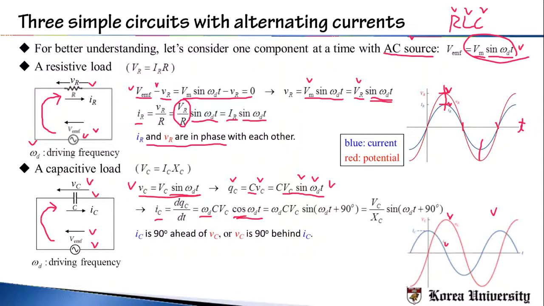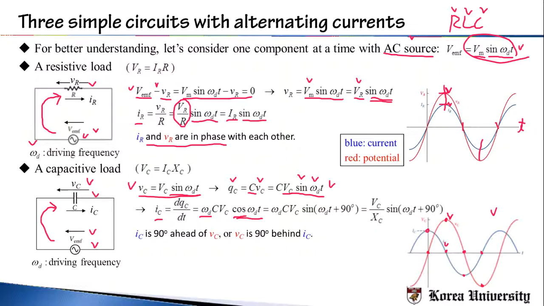So when the potential is, say, 0, then the current becomes maximum, and when the potential becomes maximum, then the current becomes 0. And next, when the potential becomes 0, the current will become minimum, which is actually minus maximum, and when the potential becomes minimum, then the current will become 0, and so on.